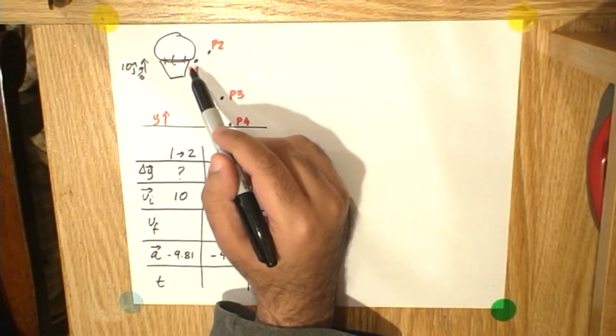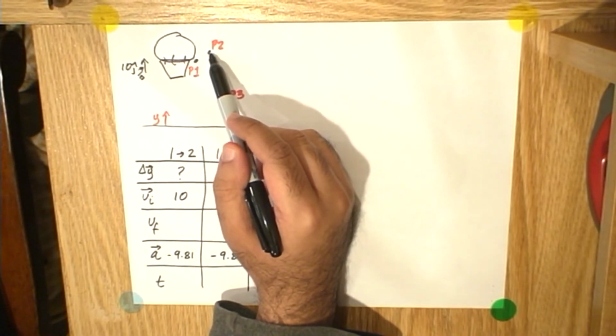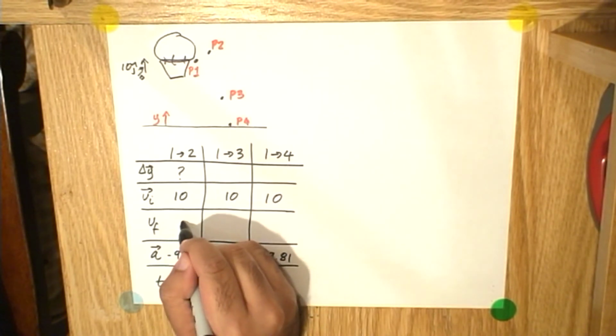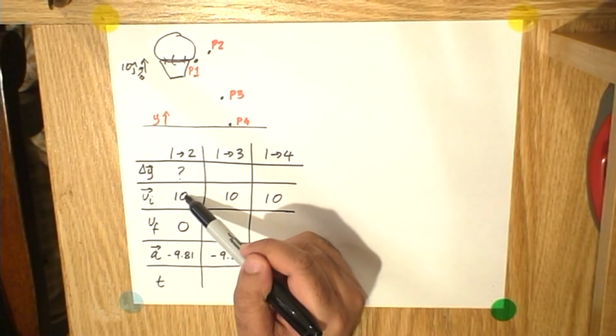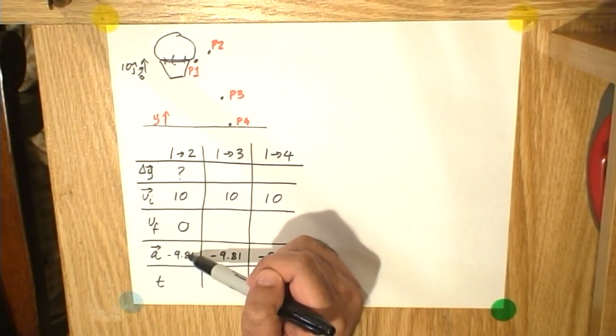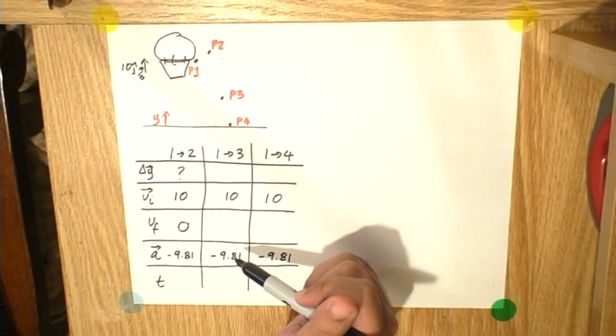But from 1 to 2, we see it's reached its peak at the final point. And whenever something reaches its peak, that means that its vertical velocity is 0. So for 1 to 2, we know the initial velocity, we know the final velocity, we know the acceleration, we're looking for the displacement.